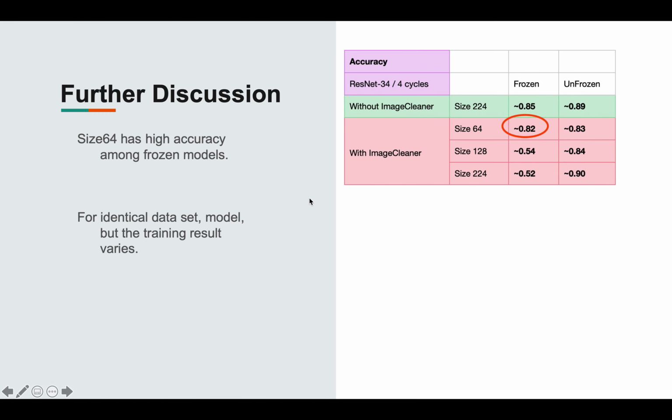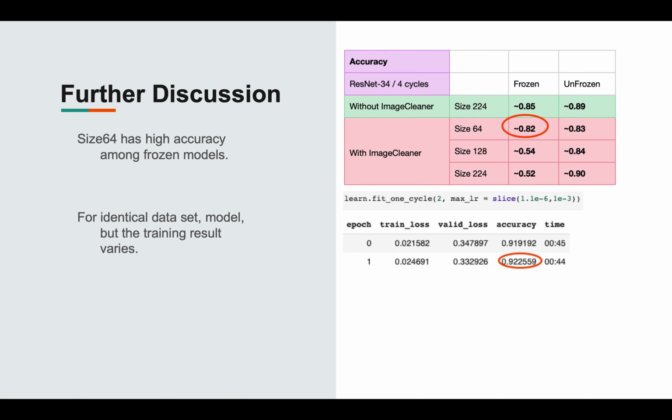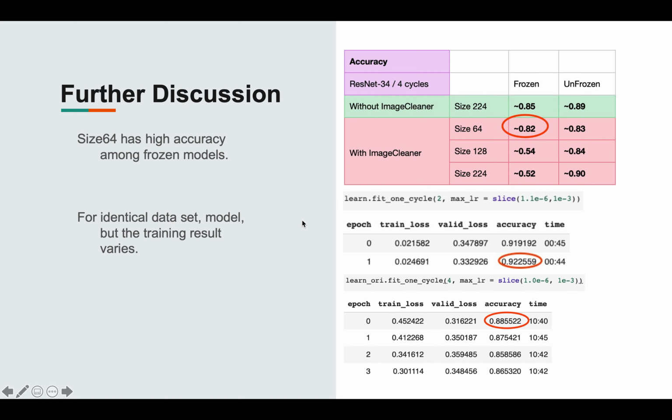The second point I want to discuss is about the training result values. We can see that we got a 92% accuracy last night when I did this experiment for the identical data sets and identical parameters, and then today when I did it again, the best accuracy became only 88.